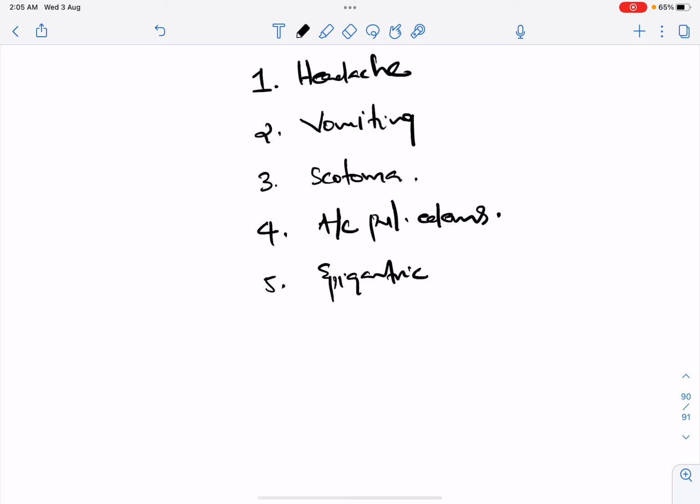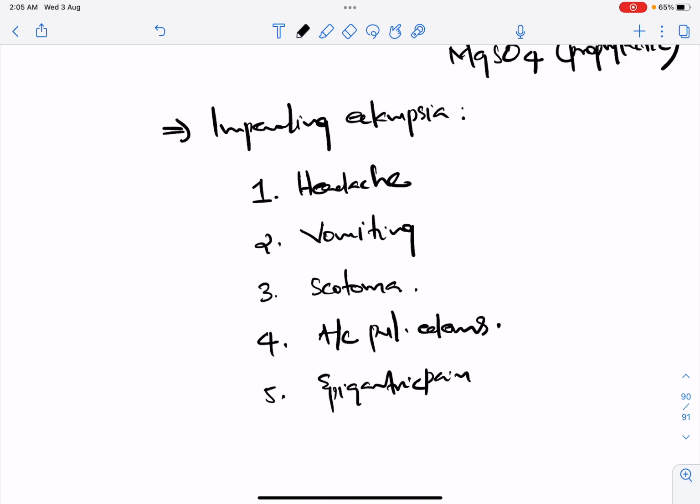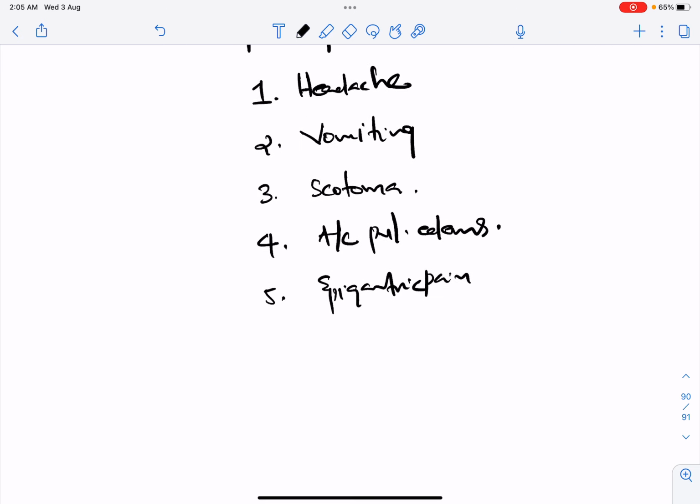Epigastric pain may be due to subcapsular splinter hemorrhage in the liver. So these are the features of impending eclampsia.